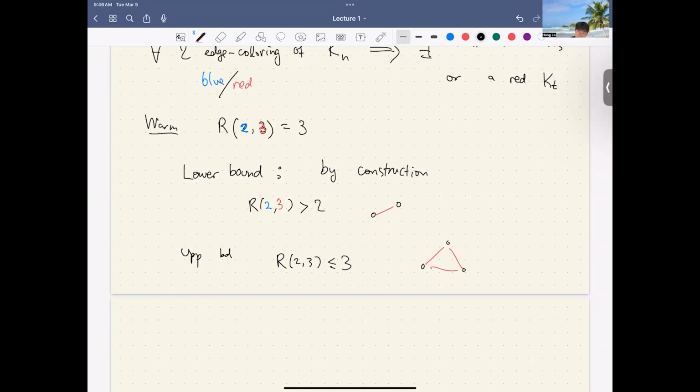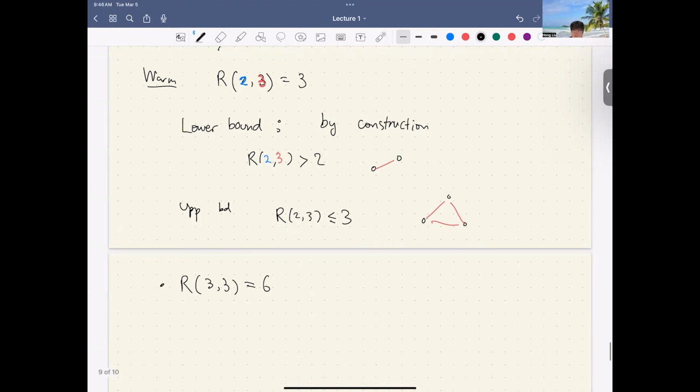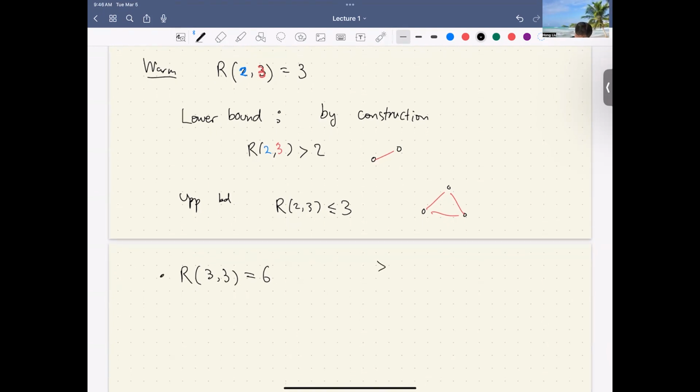Let's do a slightly non-trivial one. Do we have time? Yeah, let's do this one. R(3,3) equals 6. Let's first prove the lower bound, bigger than 5. What does it mean bigger than 5? We need to find a coloring showing that on 5 vertices, there's no red or blue triangle.